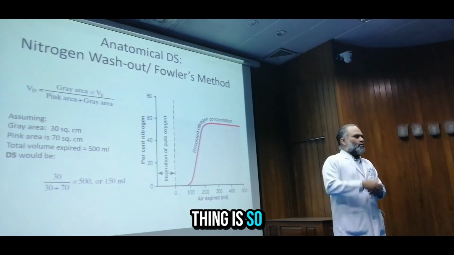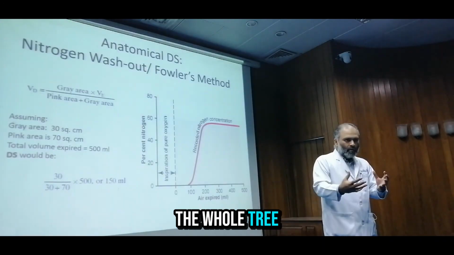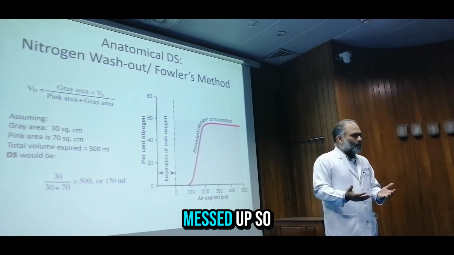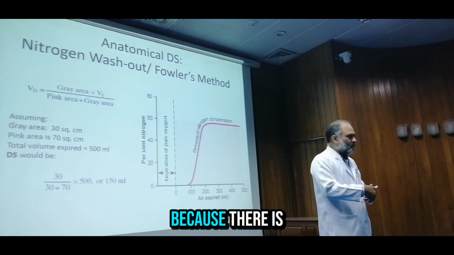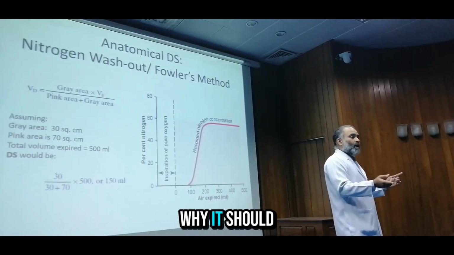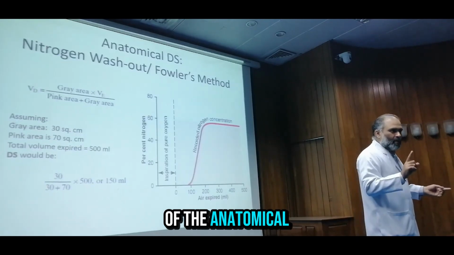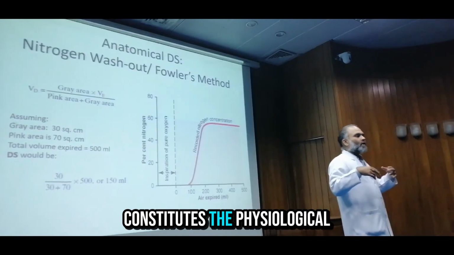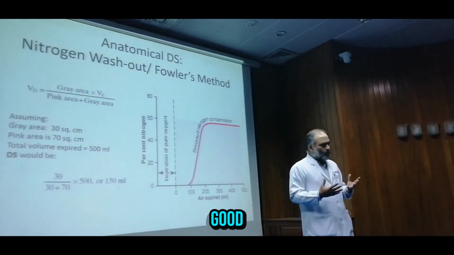The blood vessels were part of the architecture of the whole tree. What if they are broken or messed up? So the air will go, but there is nothing to exchange with because there is no blood supply there, while it should have. This area, while it's not part of the anatomical dead space, constitutes the physiological dead space. This is abnormal, not good.